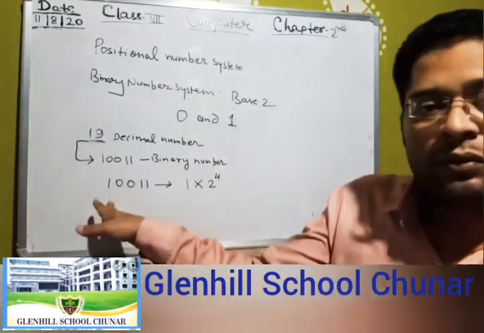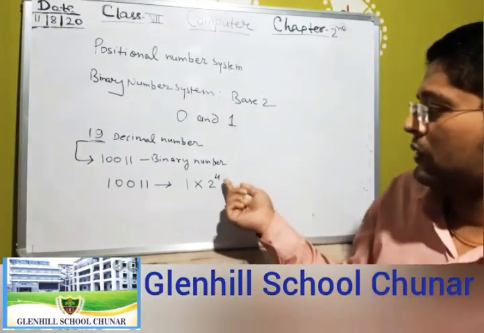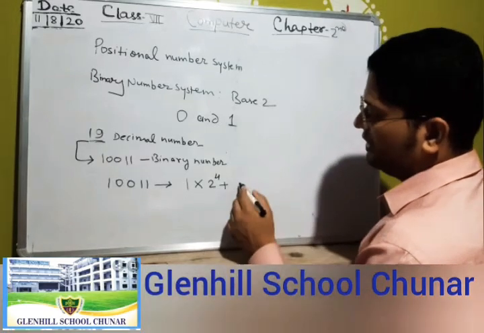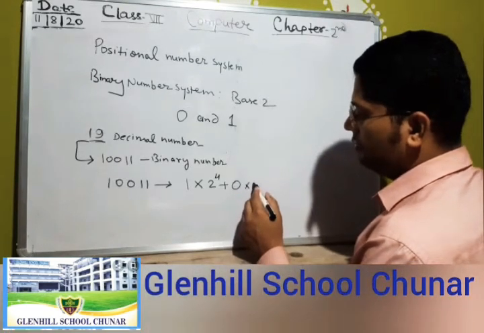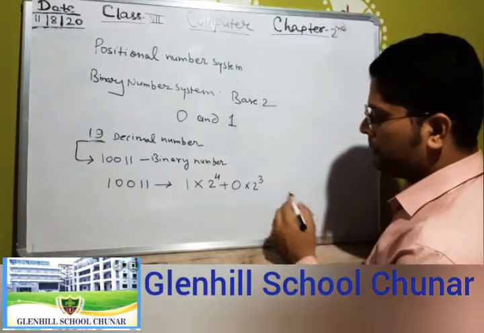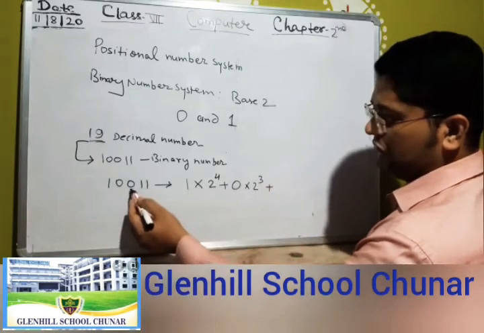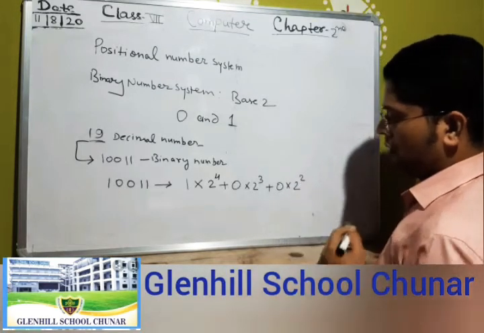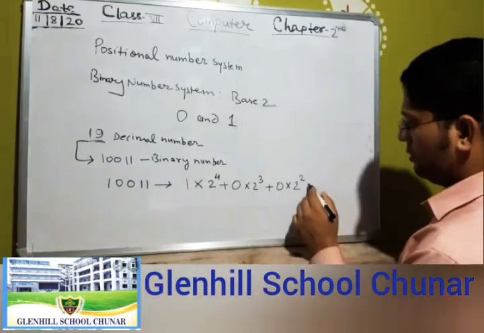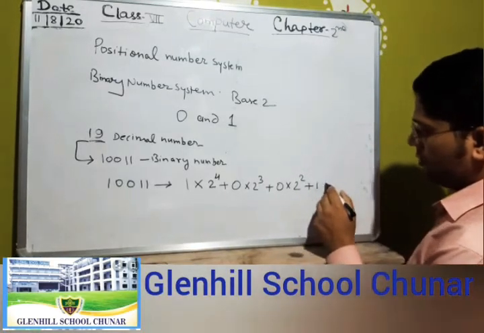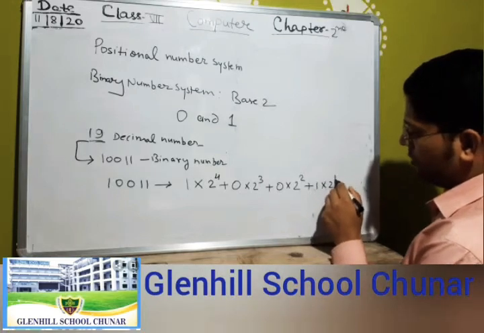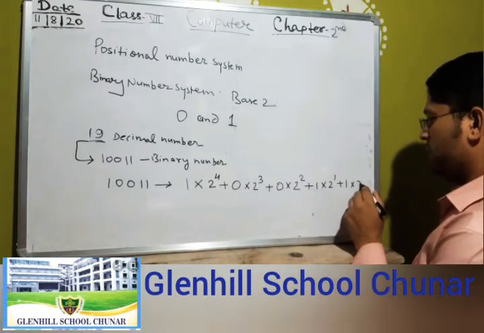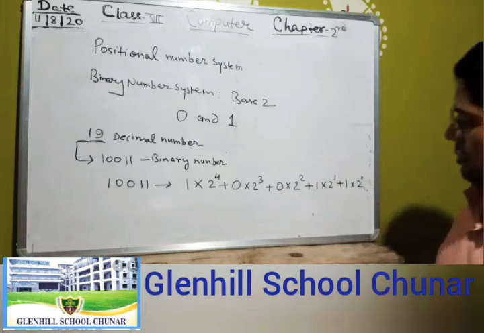Because your total number of digits is 5, so less one, you make the power 4. Plus 0 into 2 power 3, plus 0 into 2 power 2, plus 1 into 2 power 1, and the last one, 1 into 2 power 0.